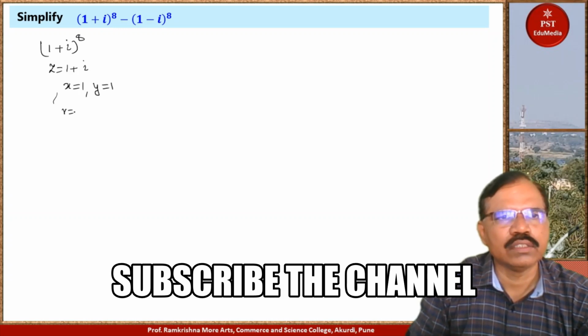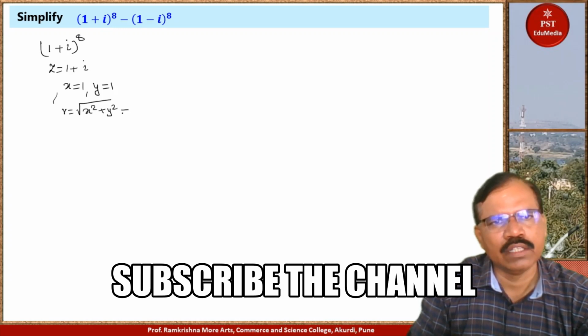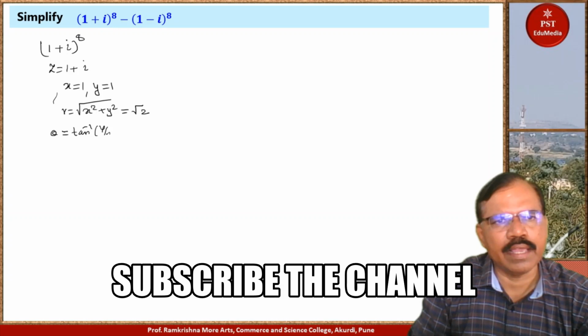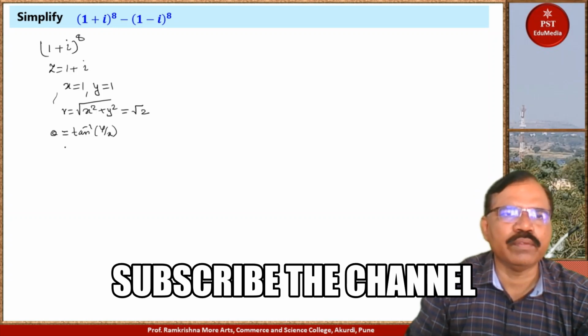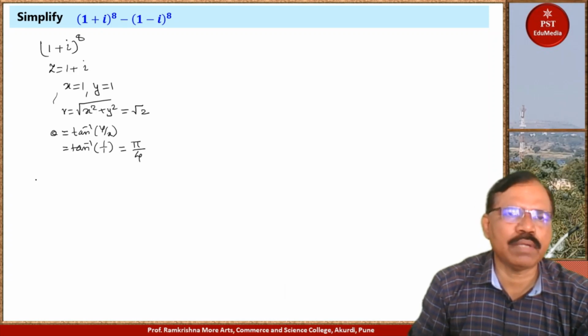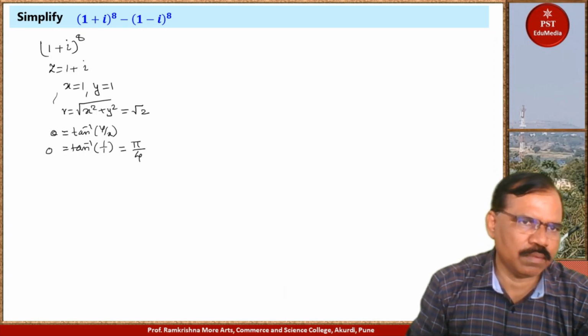So r is root of x square plus y square, so we will get root of 2. And theta is equal to tan inverse y by x. So here we get tan inverse 1 by 1, that is tan inverse 1. This is equal to pi by 4. Theta is equal to pi by 4.